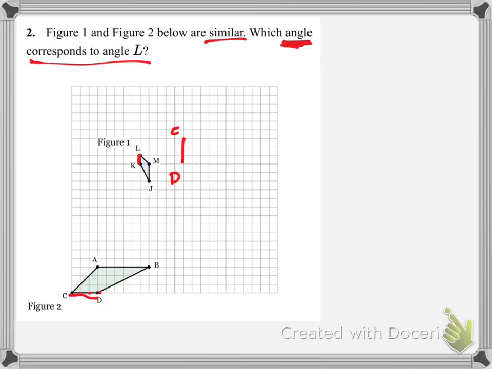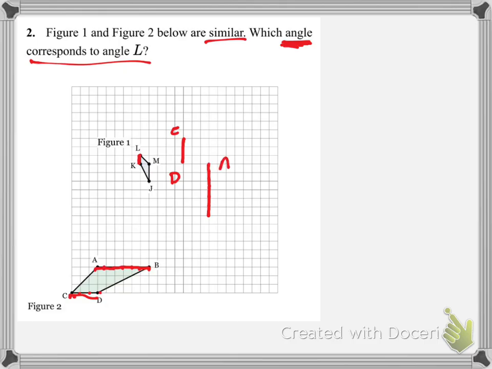Now, the longest side is across from that, so AB. That's 1, 2, 3, 4, 5, 6. C is 3 units away from A, so right about there. 1, 2, 3, 4, 5, 6.